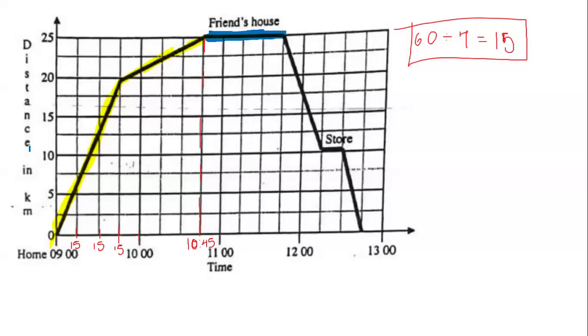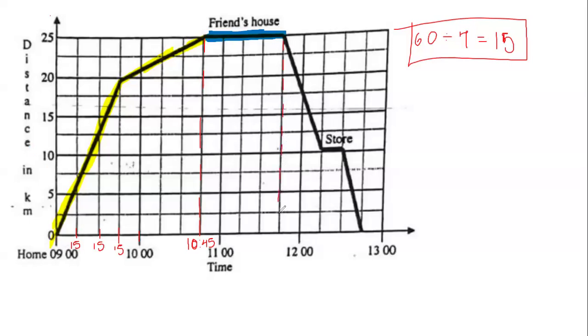Let me ask this question then. What time did he leave his friend's house? He left his friend's house at 11:45. All right, let's check. Look here. This is where he left his friend's house, right there.